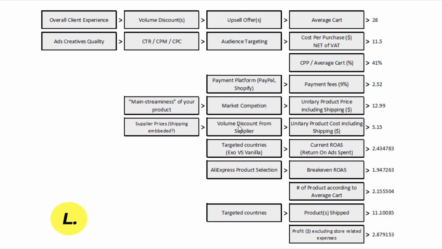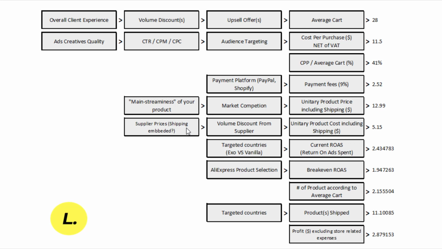But the key point to keep in mind is, do you have a volume discount? If you are buying 10 of the same product, that's something they can put in place on AliExpress, and you could request that.